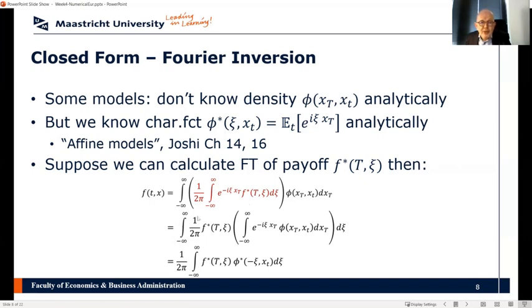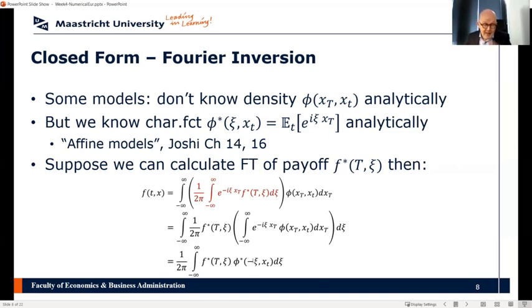I basically put outside of the parentheses the integrand that does not depend on the variable that I'm integrating over. So now I can rewrite this integral. Instead of doing a Fourier inversion of f star, I am doing a Fourier integral of phi, but with the non-standard argument minus i xi x capital T. But this function we know because this is the characteristic function, now evaluated at the argument minus xi.